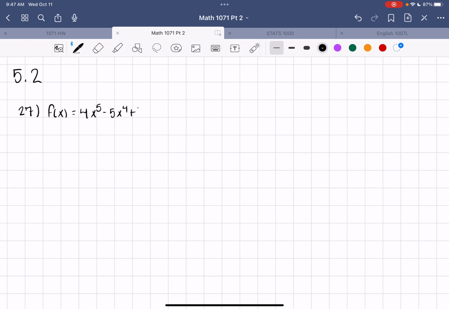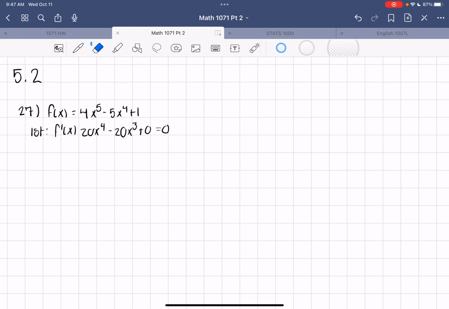So I'll leave a little room for my drawing, and let's go to my first derivative. 4x to the fifth becomes 20x to the fourth, and 5x to the fourth becomes 20x cubed. The derivative of 1 is 0. So there's my first derivative.